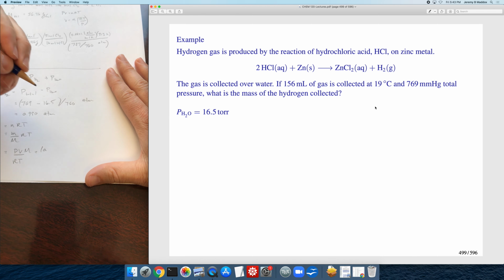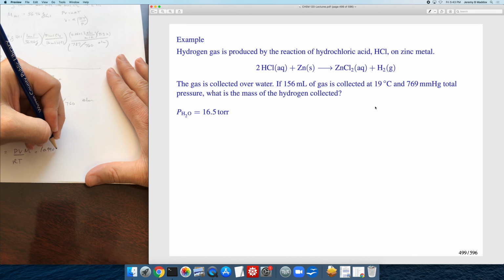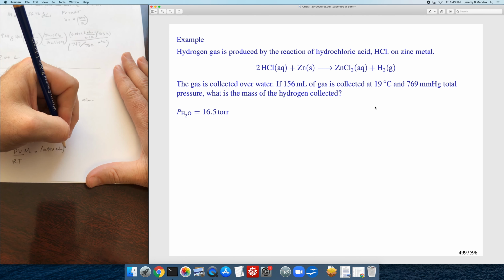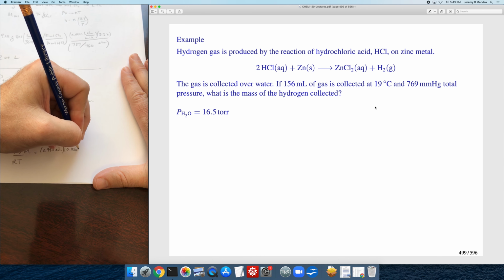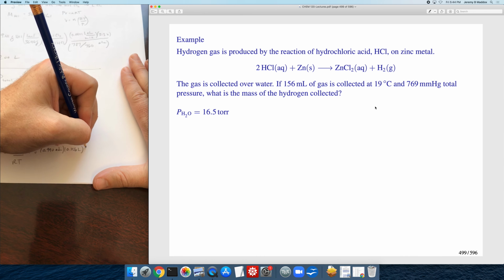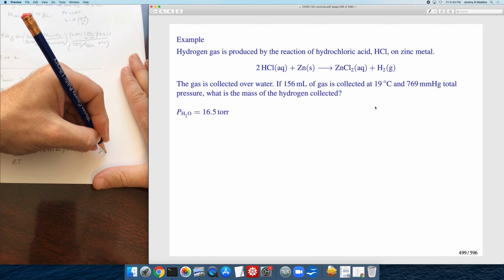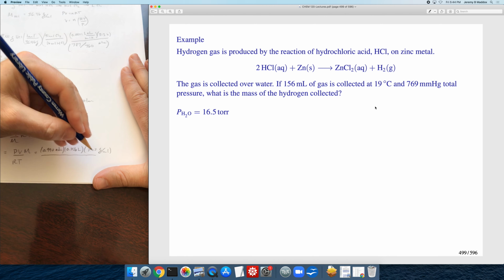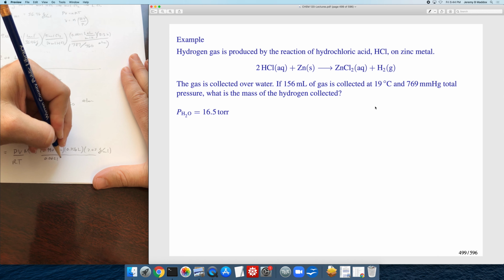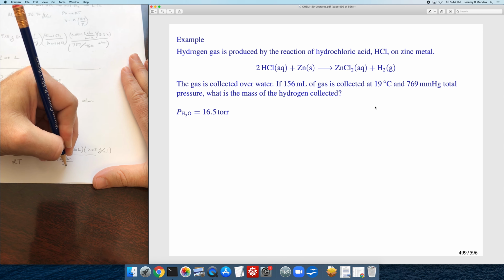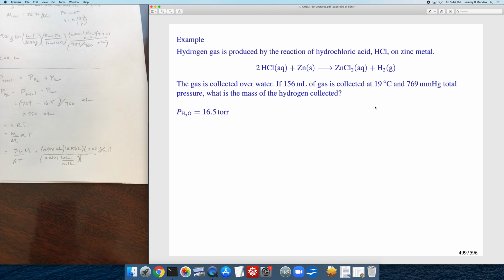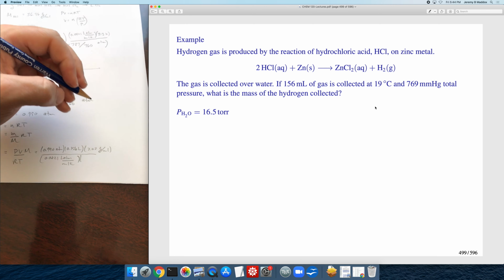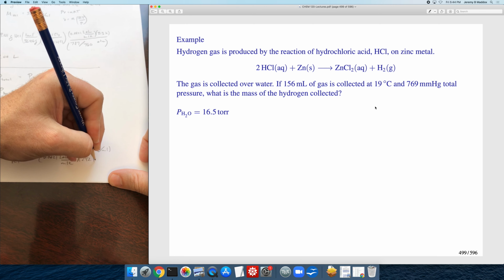We've got 0.990 atm for the pressure. Volume is 0.156 liters. Molar mass is 2.02 grams per mole. Divide that by the gas constant. And then the temperature, 19 degrees Celsius, 292 Kelvin.